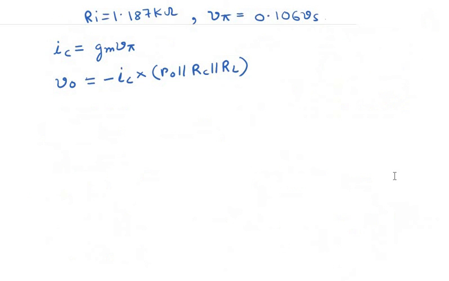Okay. So IC is basically Gm V pi. So minus Gm V pi into R0 parallel to RC parallel to RL.